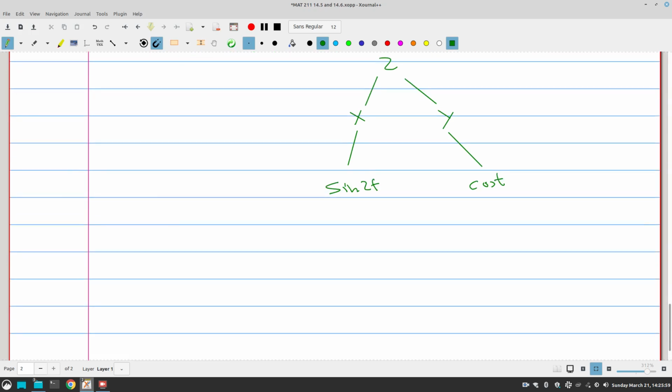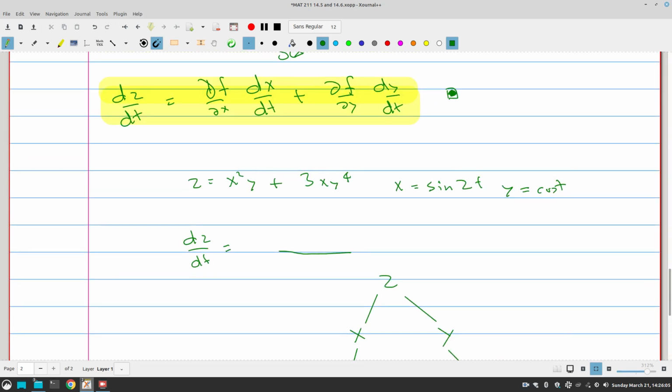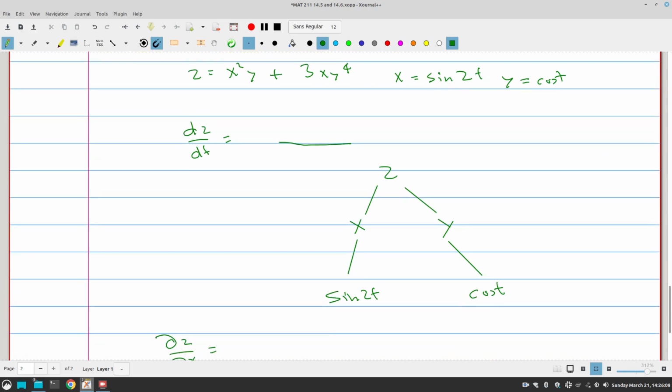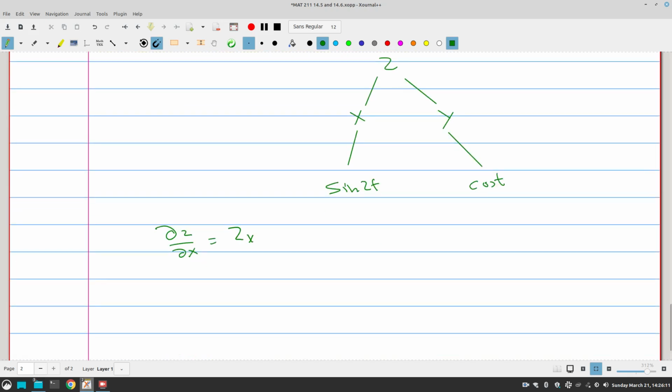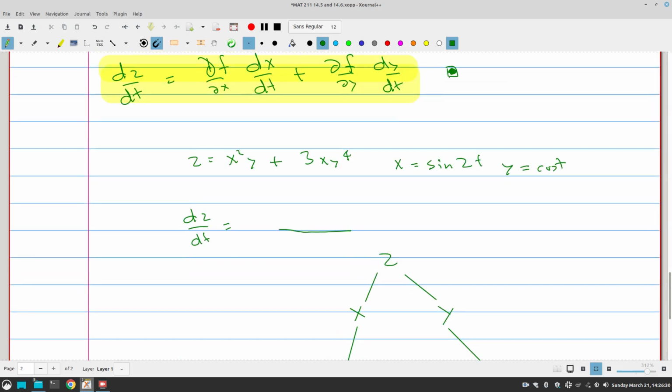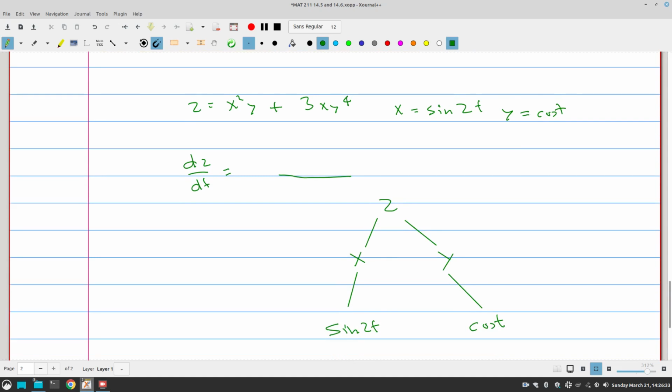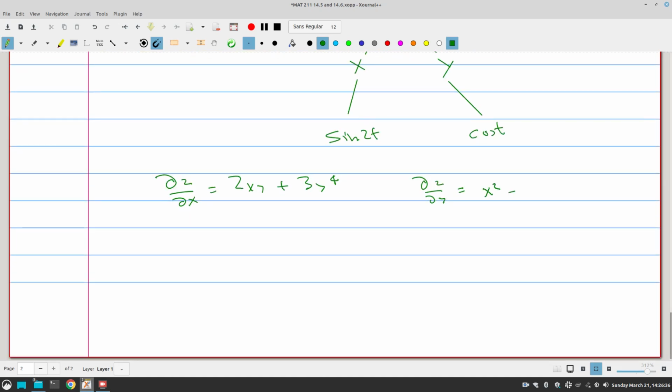So what is dz over dx? Well, dz over dx is twice xy plus 3y to the 4, and dz over dy is x squared plus 12xy cubed.